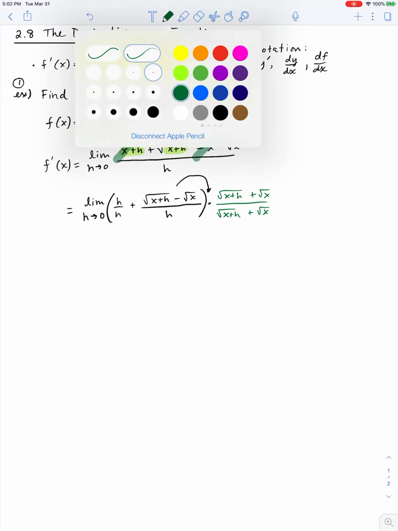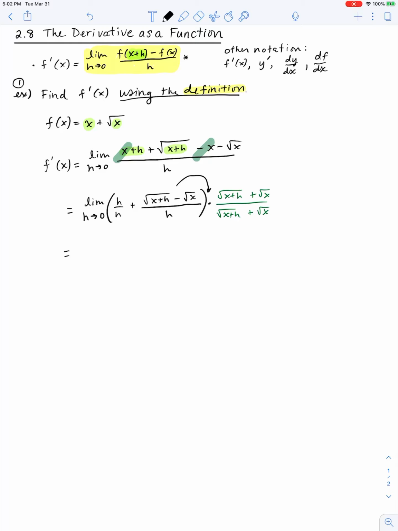Then we end up with the limit as h approaches 0 of 1 plus, now multiplying top and bottom by the conjugate, in the numerator just x plus h minus x, and in the denominator h times the square root of x plus h plus square root x.